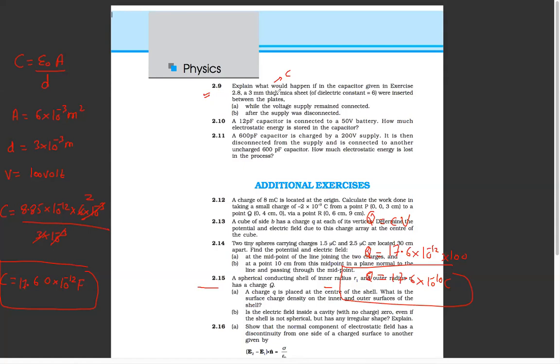You have introduced a dielectric sheet between the plates of the capacitor, and you are supposed to calculate the capacity.